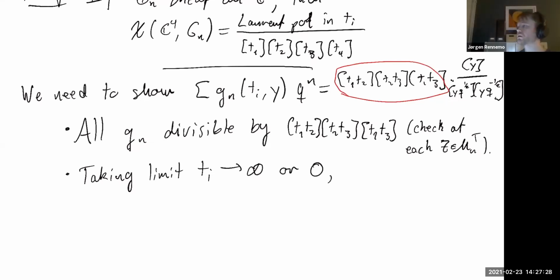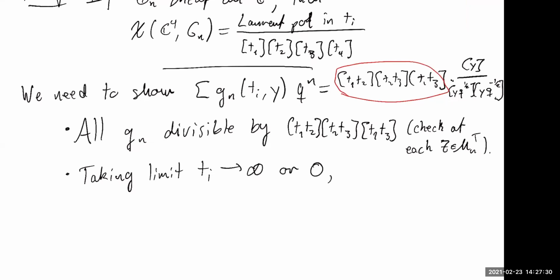Is there some abstract argument that they're always non-zero? Because that would prove that all these things are divisible.